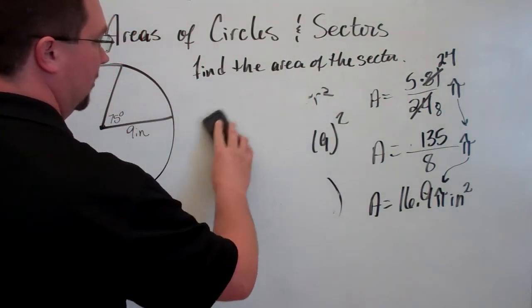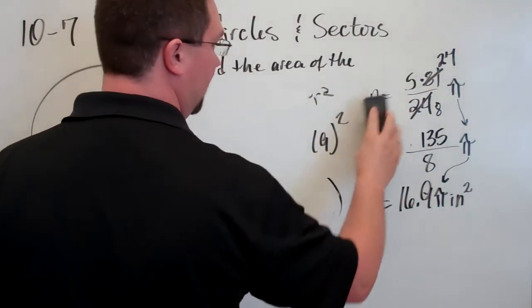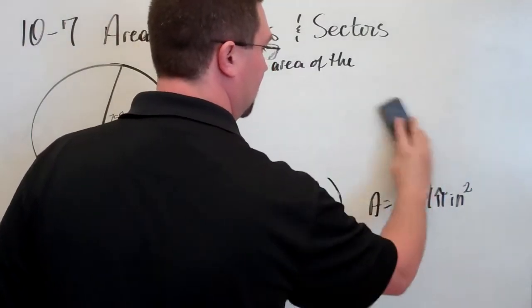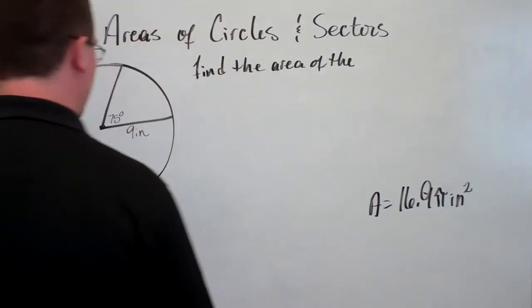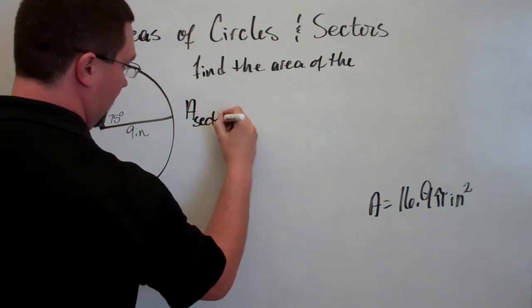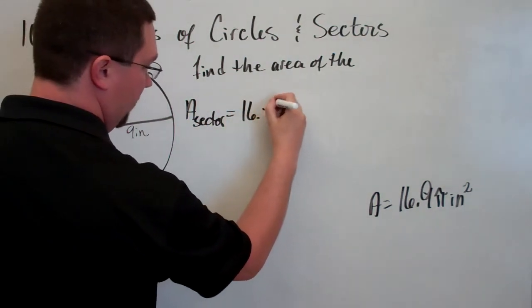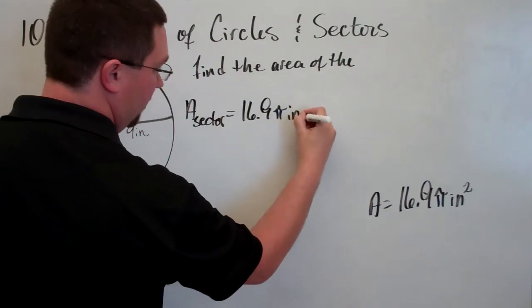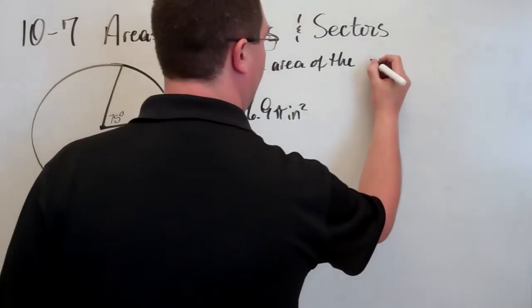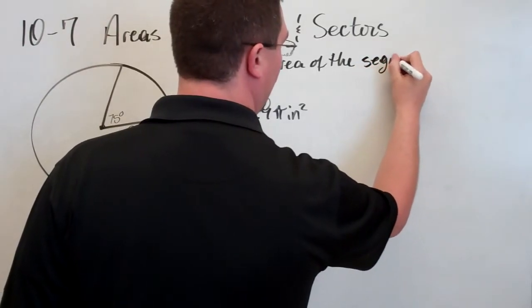Alright. So let me change this up. Now, what I'm going to do here, save some time. We know that the area of this sector equals 16.9 pi inches squared. Now find the area of the segment.